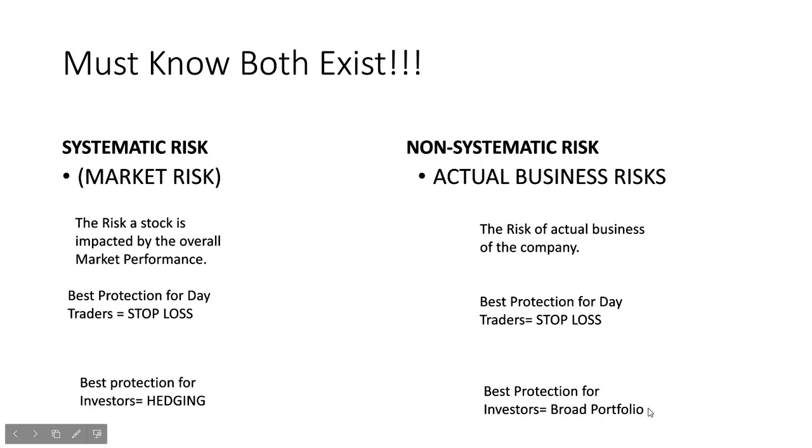Have, say, 20% in a different sector, growth stocks, income stocks, different types of sectors. You don't want to have all your eggs in one basket. Remember that, for long-term investors.